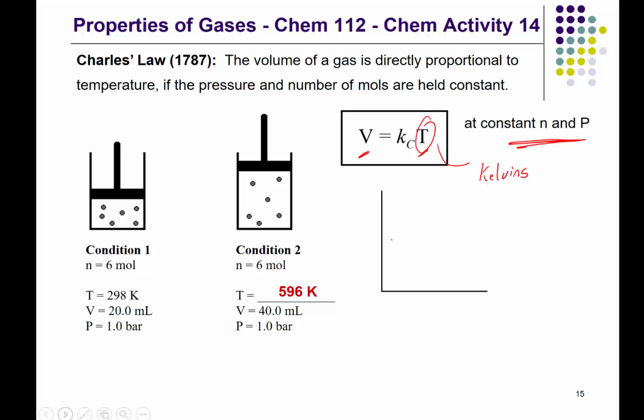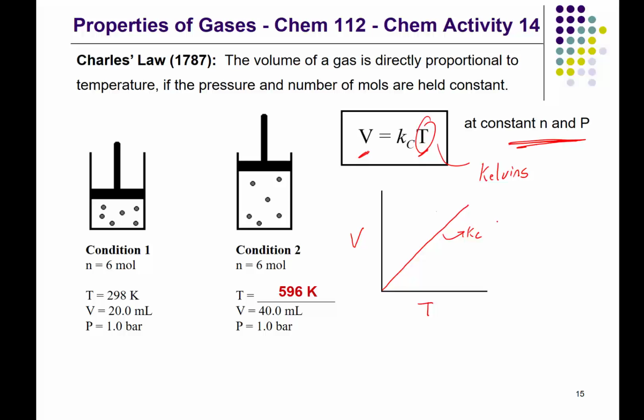So once again, if I put volume on the y-axis and temperature on the x-axis, as the temperature increases, the volume will increase proportionally. And of course, the slope of this line would equal Kc. You'll never calculate this Kc, but understand that it represents that proportionality constant between volume and temperature. And of course, the C here stands for Charles.